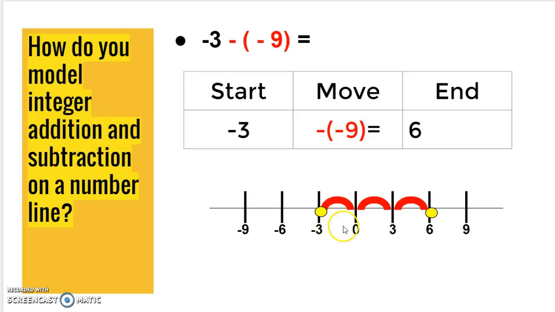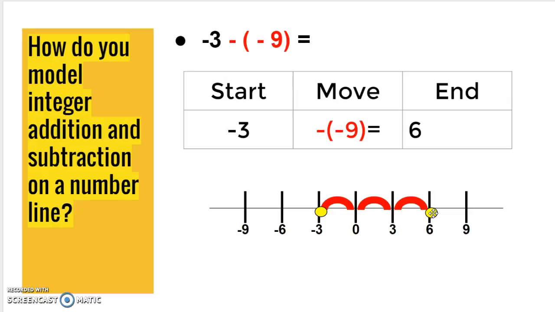If you look at this number line, it's set up to skip by 3s, right? 3, 6, 9, and so on. So I start at -3, and one space is 3, so 1, 2, 3, 4, 5, 6, 7, 8, 9. I've moved 9, and I end at 6. So -3 take away -9 equals 6.